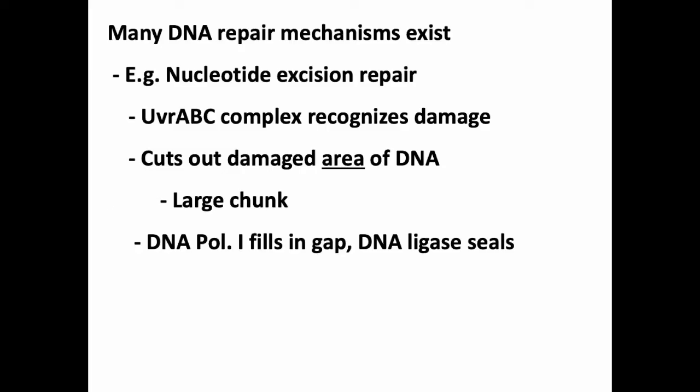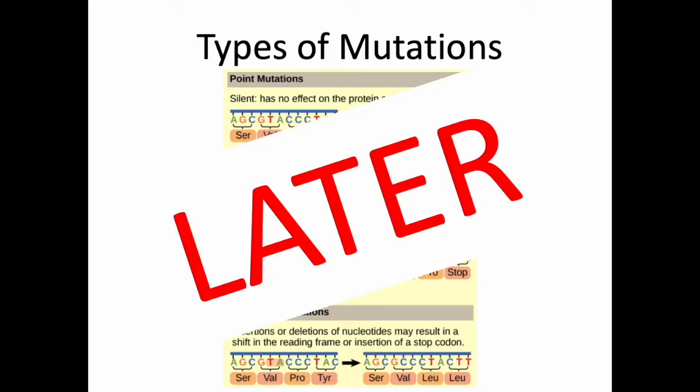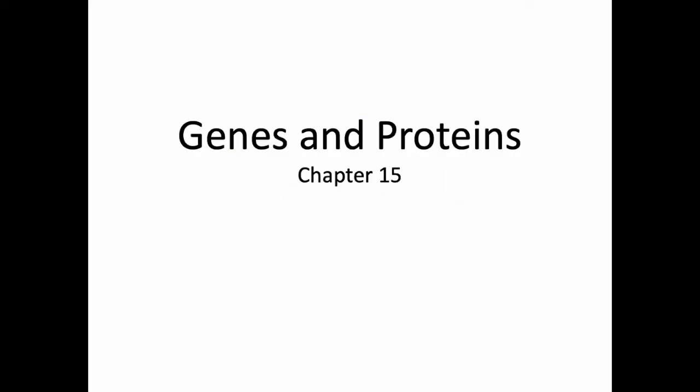Now, the last topic in this chapter is actually types of mutations. This is a very interesting and very important topic to discuss. However, I'm going to save this for later. Trust me, I really think that this will make sense after we've talked about some of the things in the next chapter.